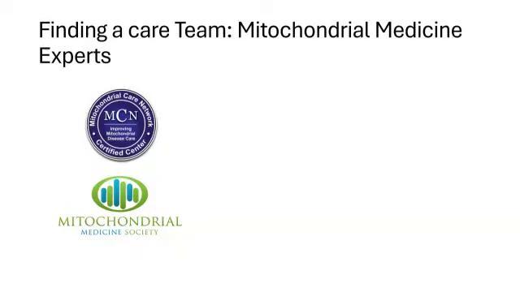So you're probably going to need a care team if you have a mitochondrial disease, as I led by showing you, many different organ systems can be involved, and unfortunately most physicians are not going to be capable of doing all of it. Most people are going to have a geneticist and/or a neurologist.